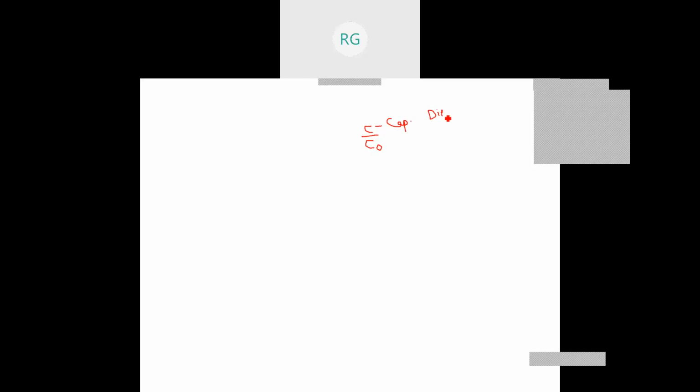Now I measure the capacitance of the same capacitor when no dielectric is there, which we call C naught. You know that the capacitance of the capacitor is high when you insert a dielectric material, and this ratio we call the relative permittivity epsilon r of the material.